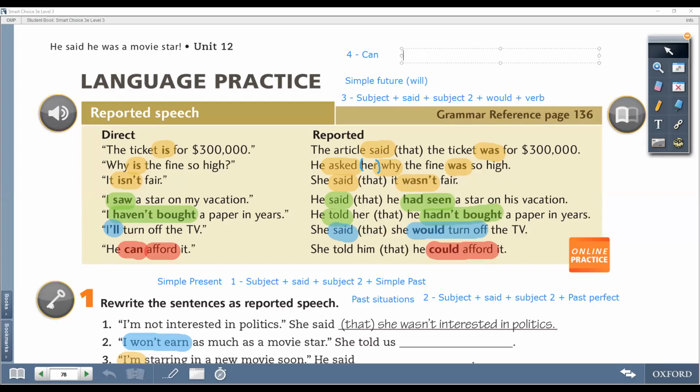We make it subject plus said, it's the reporting verb. Said, told, asked. Okay, I'm using said. Plus the subject again, subject two plus could. And then the verb in infinitive form. Okay.